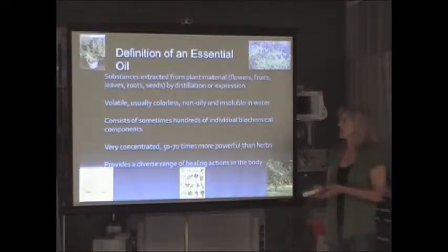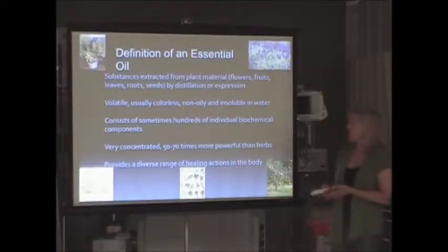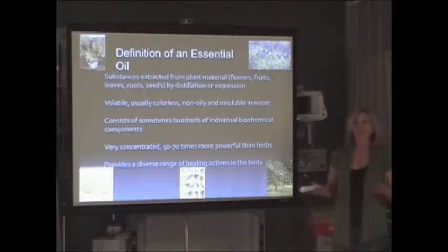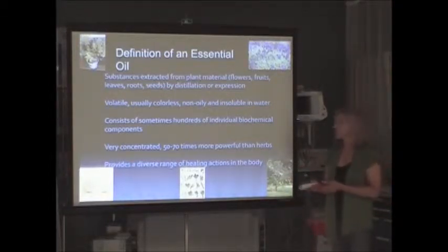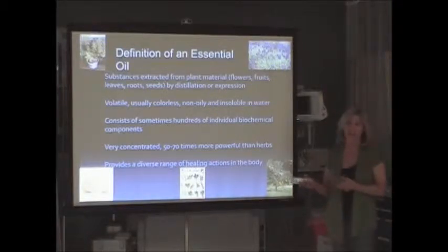So they're very volatile, colorless, non-oily, and insoluble in water, and they consist of lots of compounds and chemicals. So they're chemicals. Very concentrated, 50 to 70 times more powerful than herbs. And it provides a diverse range of healing actions in the body.